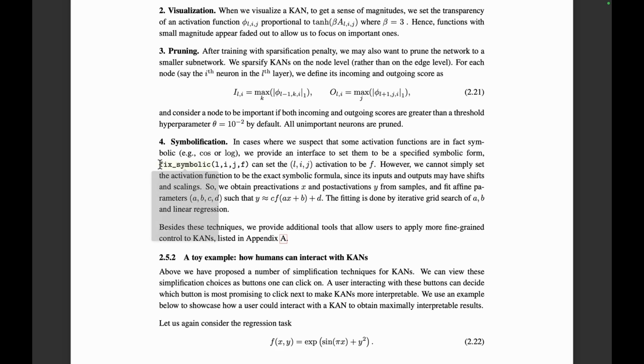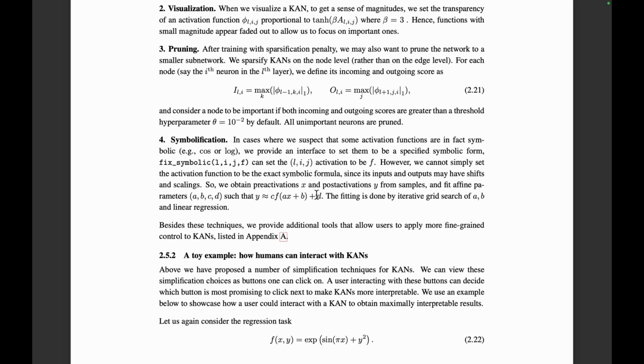They provided this interface called fix symbolic, where we provide the function, and we can say that we want to use this symbolic function for this node, and it straight away sets it. In order to do that, they obtain pre-activations and post-activations for some set of samples, and then they fit affine parameters a, b, c, d. Basically, we have to calculate these parameters a, b, c, d in order to use the symbolic function.